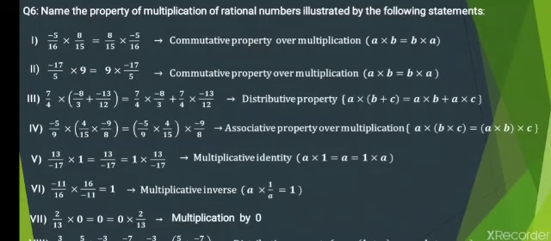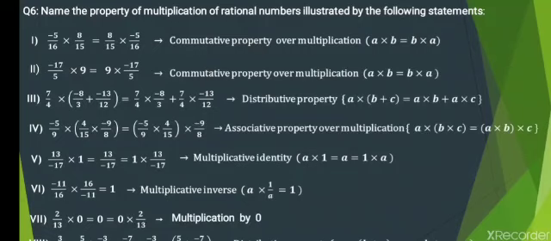You can see inside the bracket there is a sign of addition in third part, but there is a sign of multiplication in fourth part inside the bracket. So which property is this? Actually we are not distributing any of the numbers to the numbers in the bracket. Like we are not distributing 5 by 9 to both 4 by 15 and minus 9 by 8.